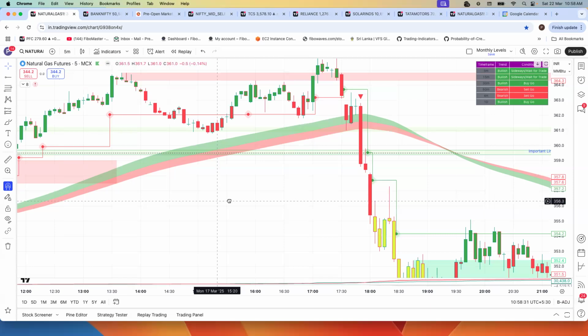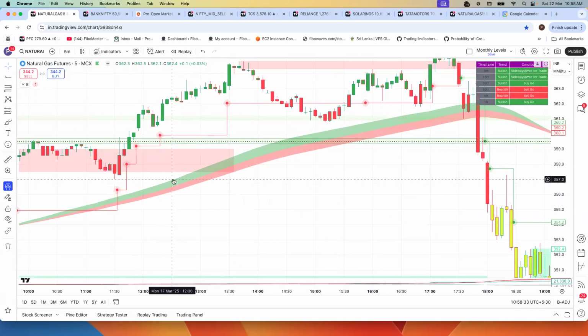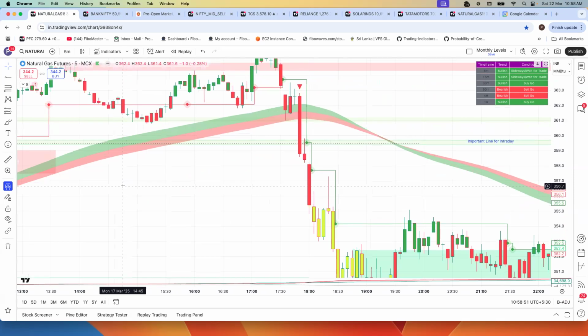You can use any time frame. If you use 15 minutes and the cloud is not green, or it is red, I'm not going to take the trade, because I follow 15 minutes and my trend is not giving me a friendly message of buying. That is the meaning. Got it? Yes sir, got it.